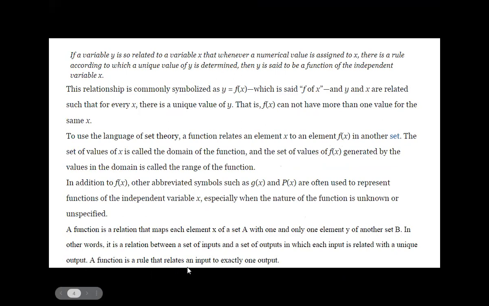A function is a rule that relates an input to exactly one output. Okay, exactly one output will be there for any value of x.